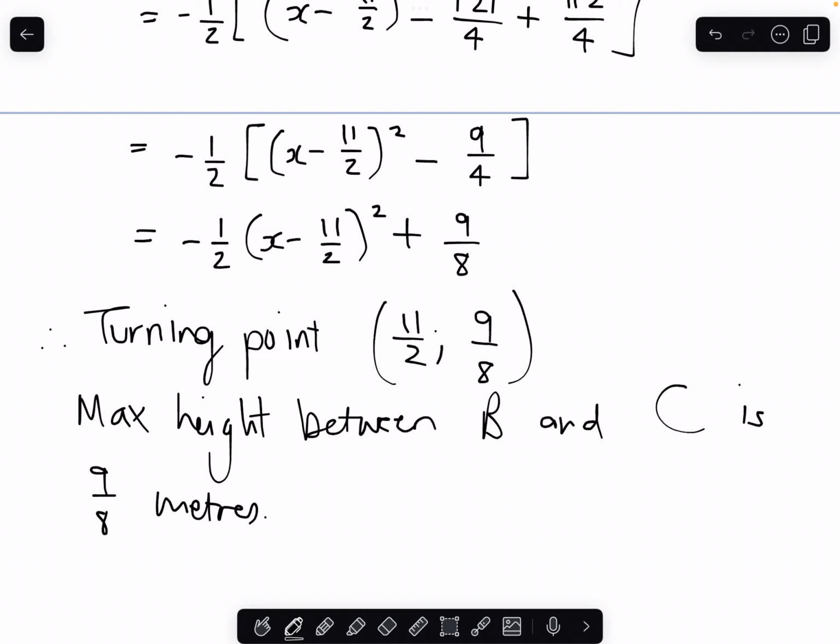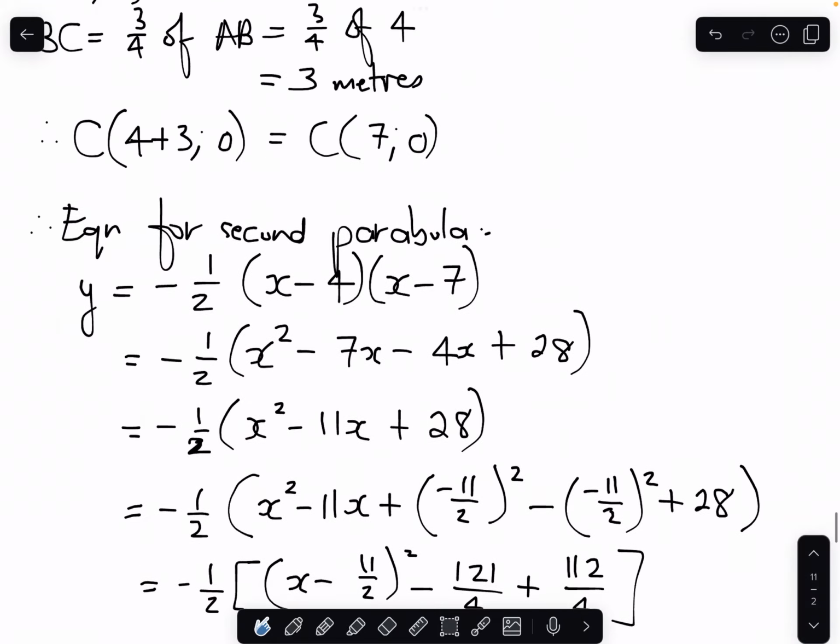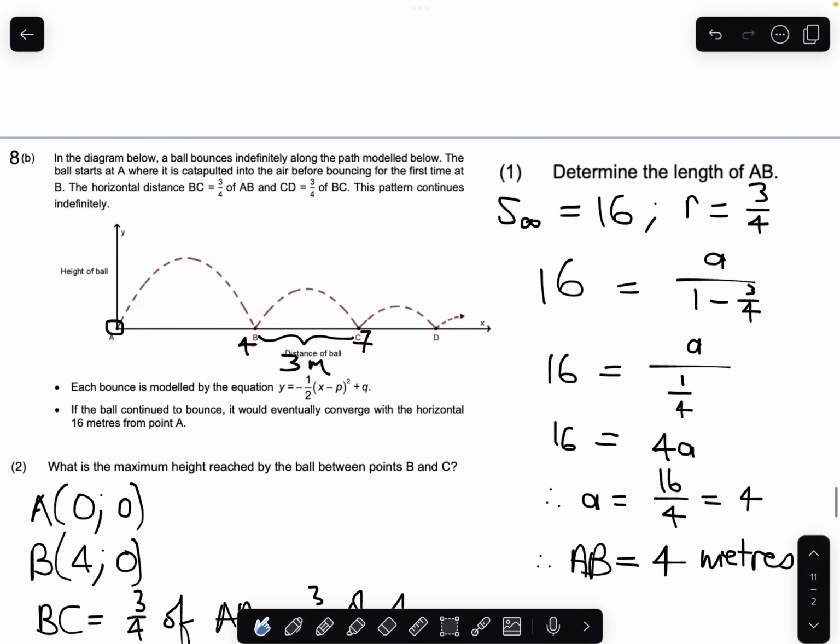Memo, show me what you get. What question are we even looking at? Question 8b. So we agree. Oh, so what they just did, and that's actually even faster, is to find the midpoint, halfway between 4 and 7, which is 5.5.